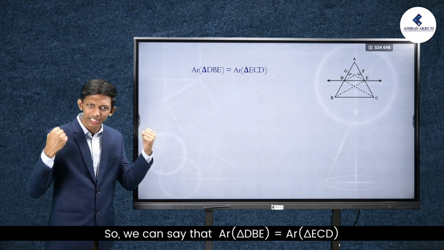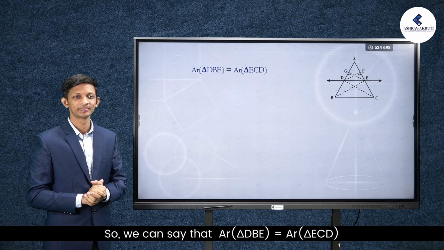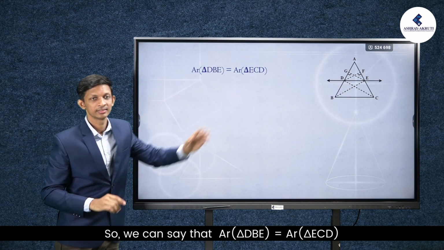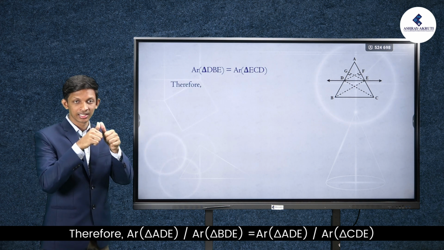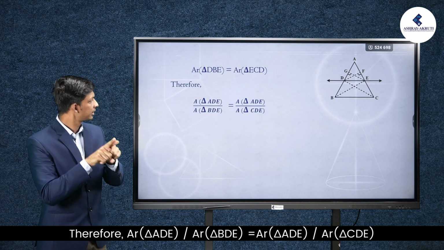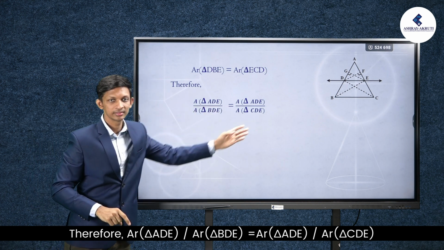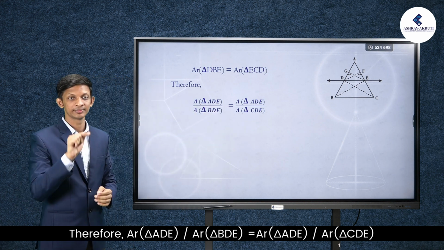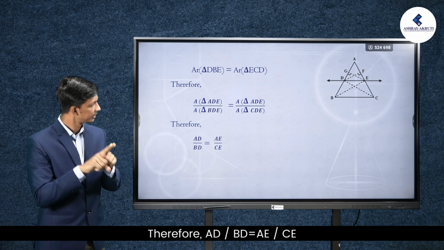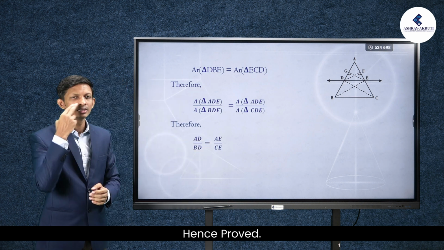So, we can say that area of triangle DBE is equal to area of triangle ECD. Therefore, area of triangle ADE by area of triangle BDE is equal to area of triangle ADE by area of triangle CDE. Therefore, AD by BD is equal to AE by CE. Hence proved.